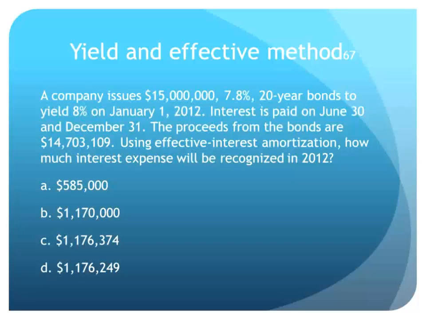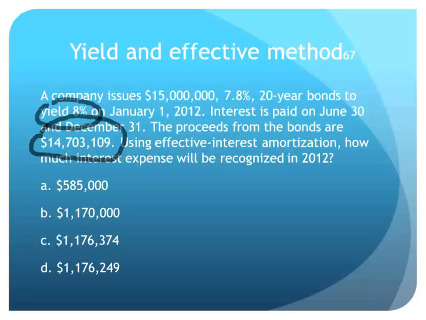The proceeds from the bonds are 14,703,109. Using effective interest amortization, how much interest expense will be recognized in 2012? So you know what the issuance amount is, right? Now the formula is the amount times the effective interest rate, which is the yield.